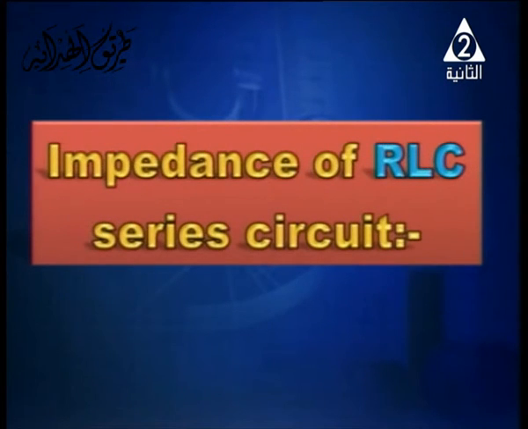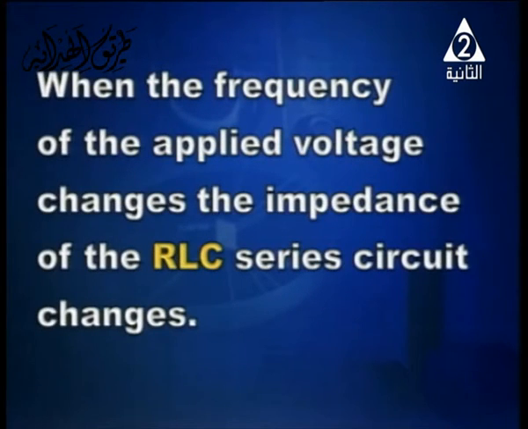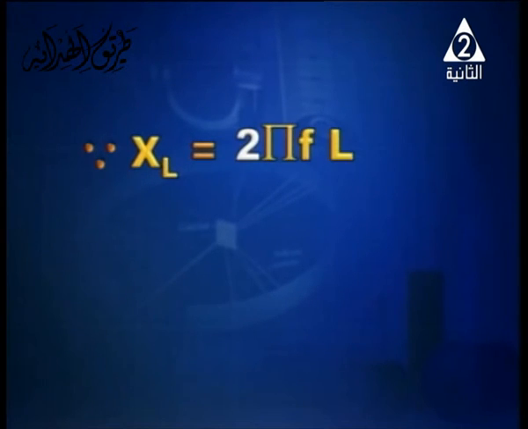Impedance of an RLC series circuit. When the frequency of the applied voltage changes, the impedance of the RLC series circuit changes. XL is equal to 2 pi FL, so the relation between XL and frequency is direct.